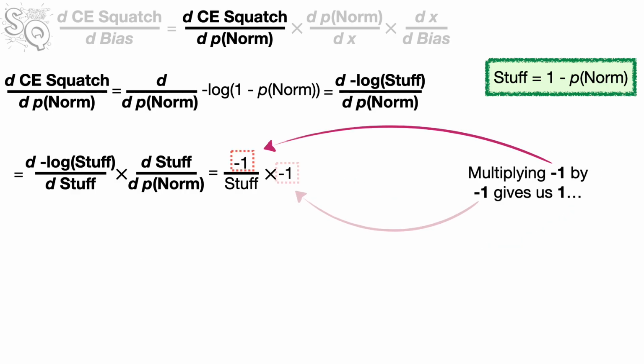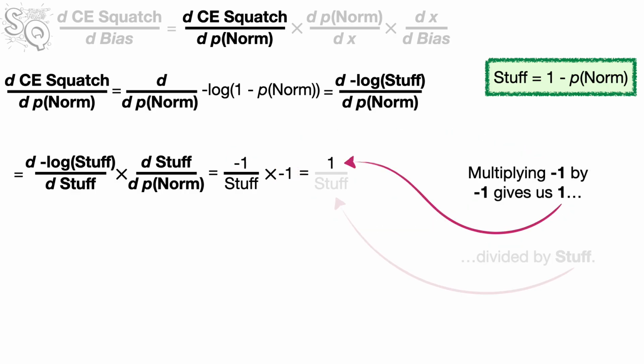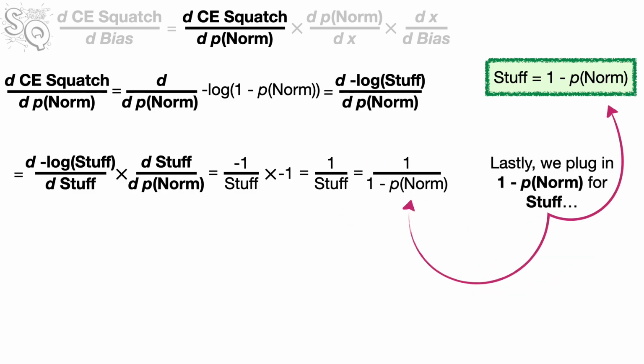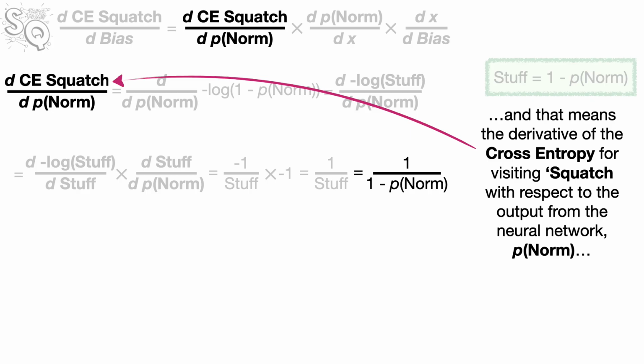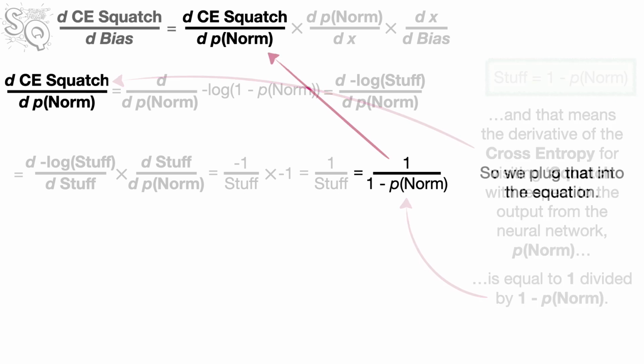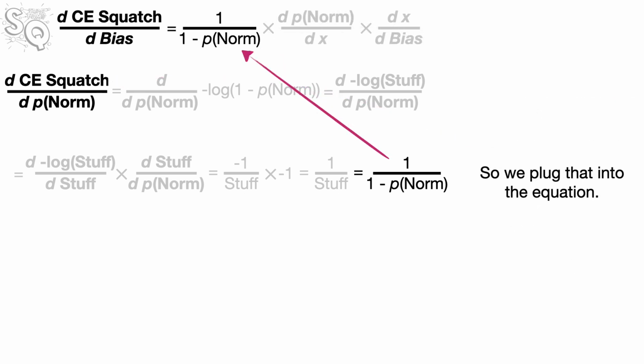Multiplying negative 1 by negative 1 gives us 1 divided by stuff. Lastly, we plug in 1 minus p norm for stuff, and that means the derivative of the cross-entropy for visiting Squatch with respect to the output from the neural network, p norm, is equal to 1 divided by 1 minus p norm. So we plug that into the equation.